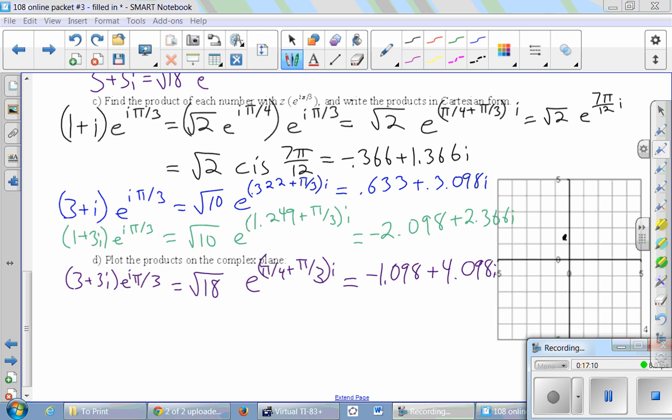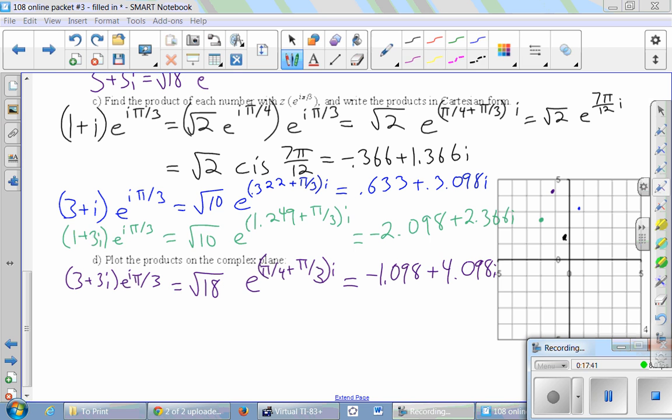Okay, in blue, 0.6 to the right and 3 up. Maybe around there. Green, 2 left and 2.3 up. And then finally purple, 1 left and 4 up. Around there.